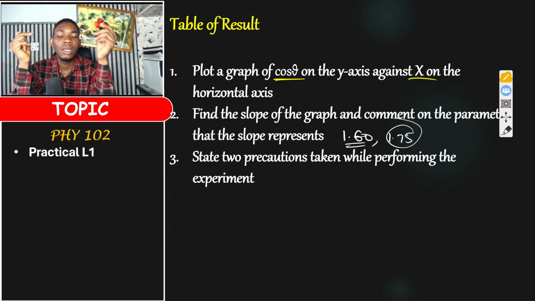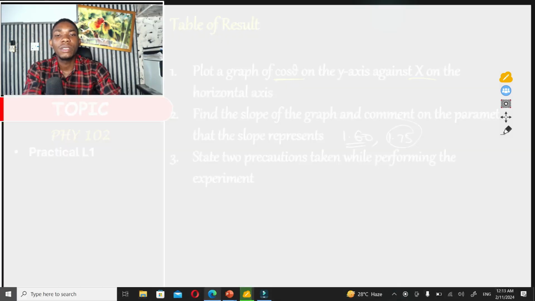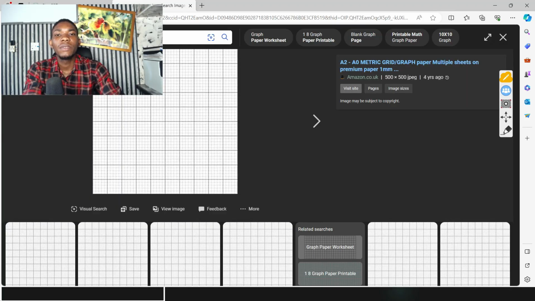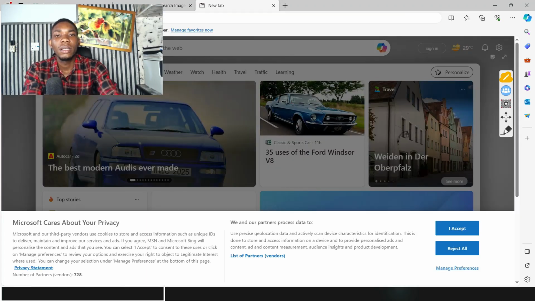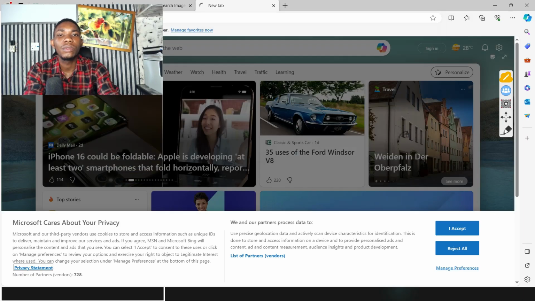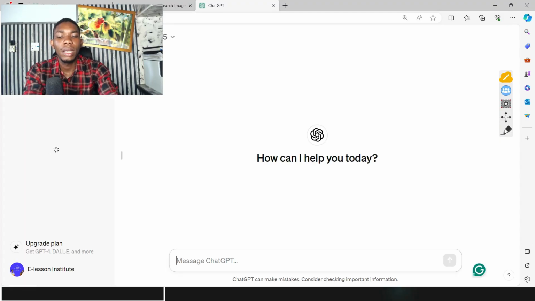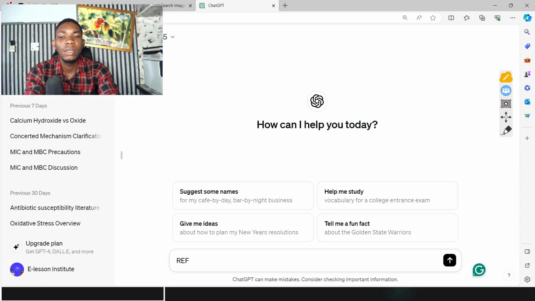I told you that the slope represents the refractive index. So we can just come here now. ChatGPT should tell us what refractive index is. Let's check ChatGPT. I know it's open already. All right, so just check refractive index so that we'll know.